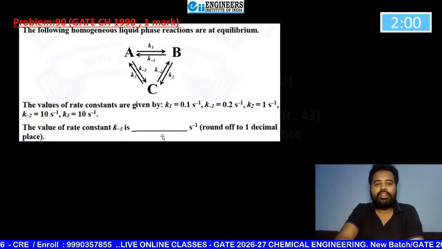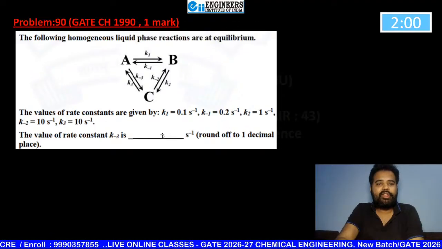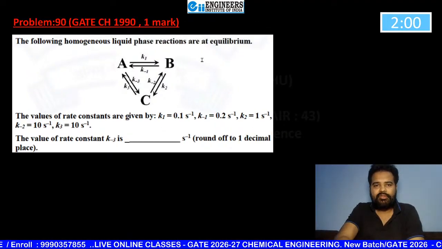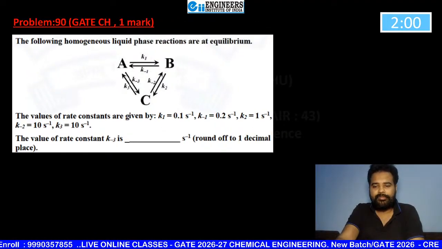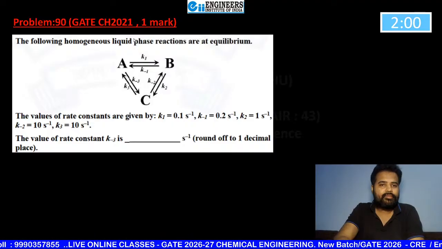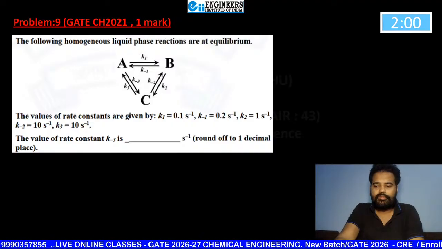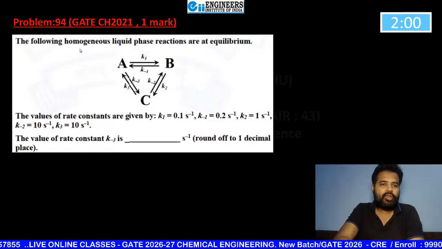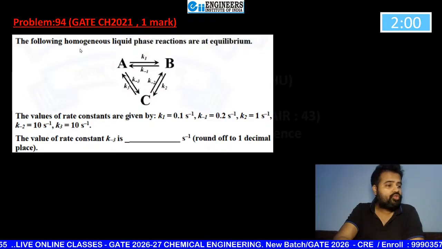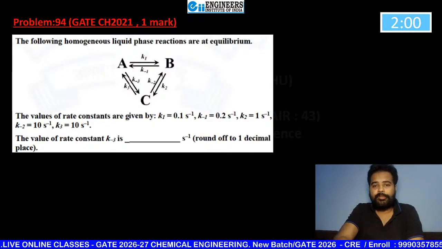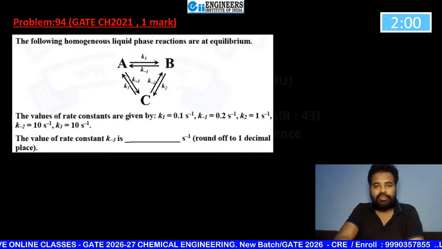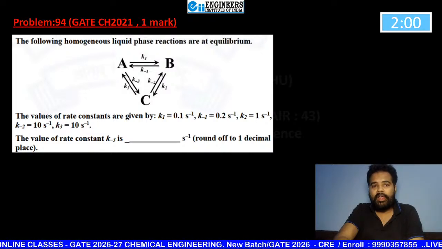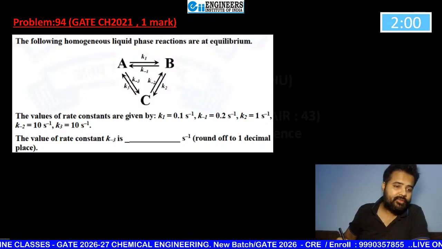But the beautiful thing is that it is not very complex. Very easy. Okay. So soon you will be able to solve it. Don't worry. Now just focus on these complex reaction networks.